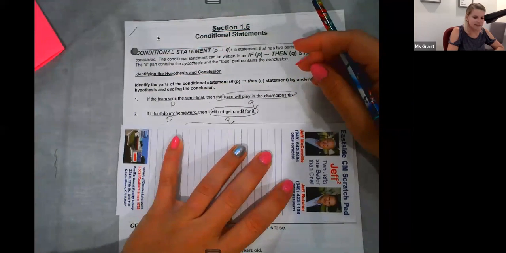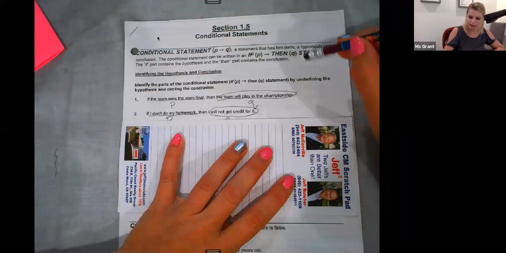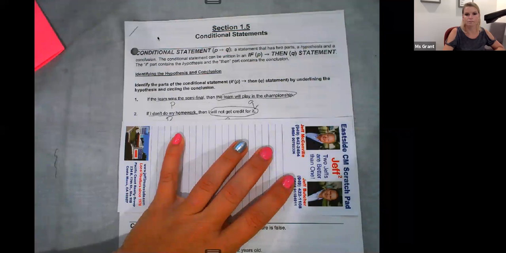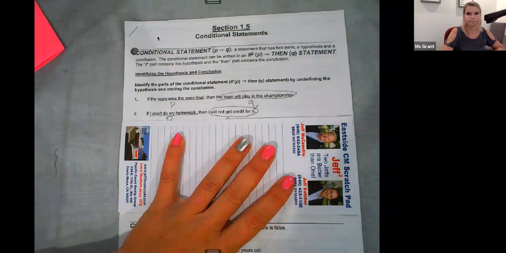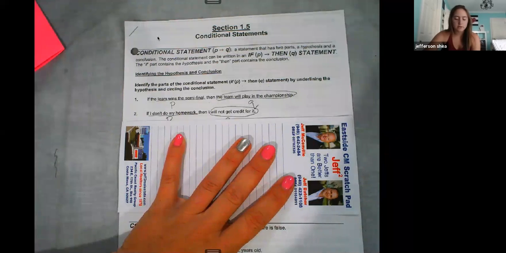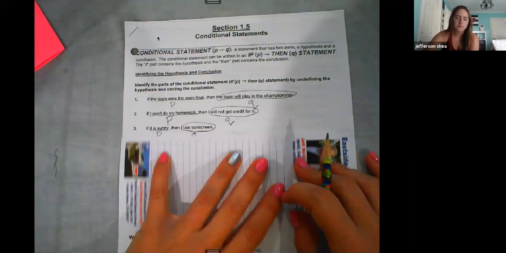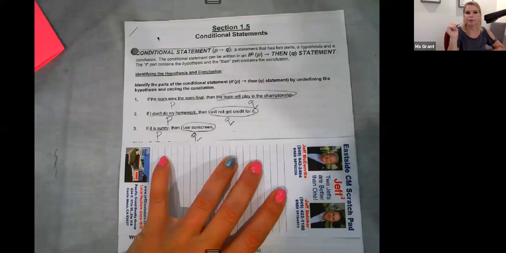Okay, number 3, if it's sunny, then I use sunscreen. Someone else. Shay. I underlined if it's sunny, and then I circled then I use sunscreen. Excellent. Put a P underneath sunny, put a Q underneath sunscreen.